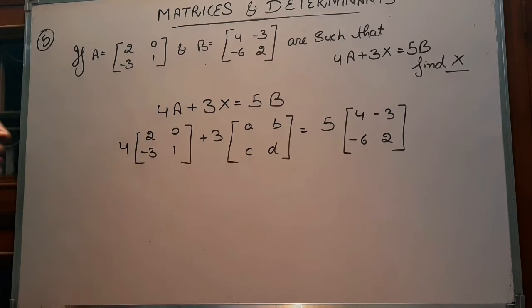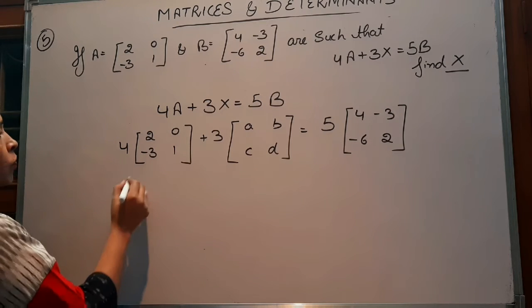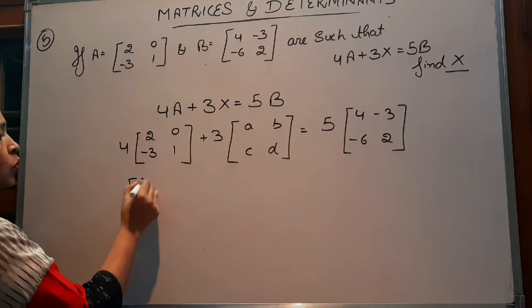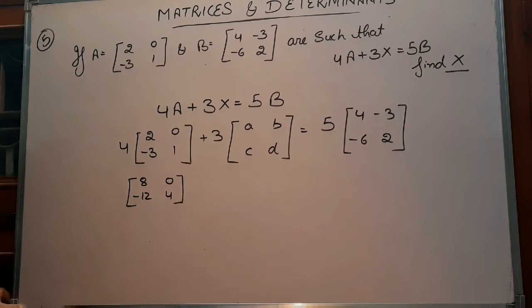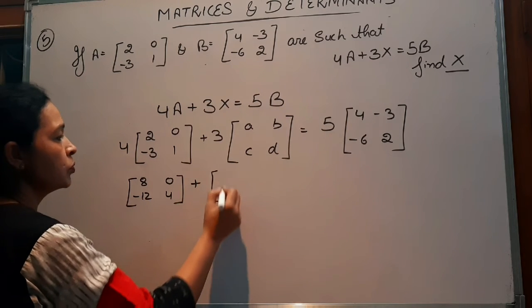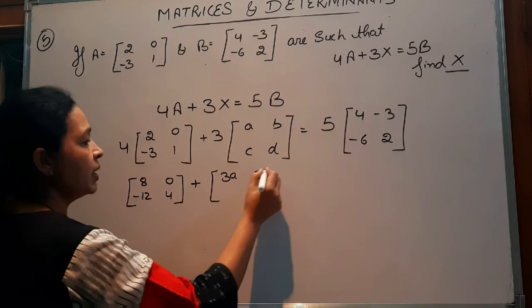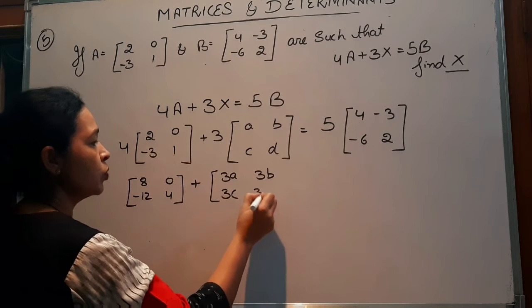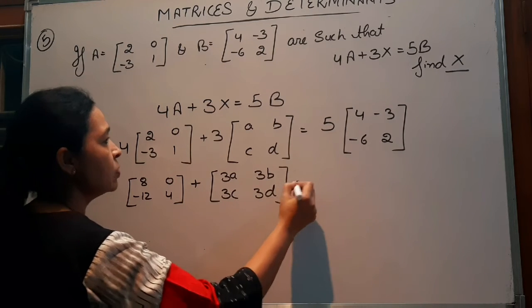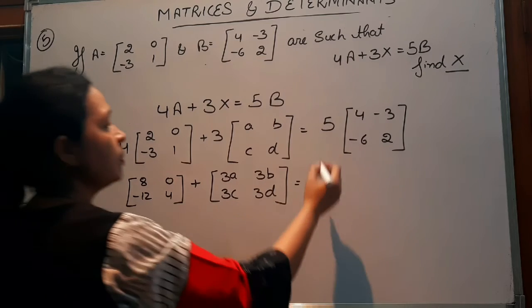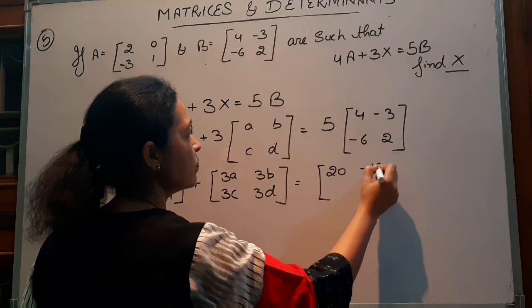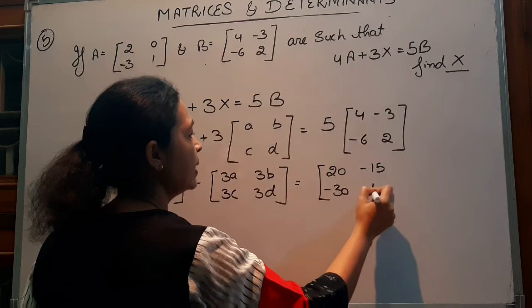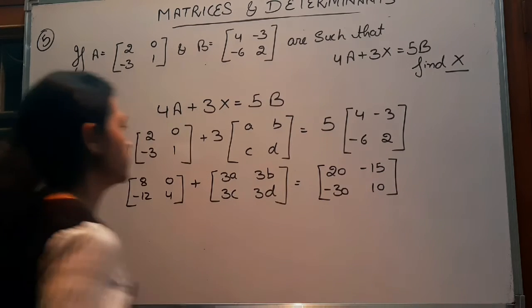We have to find the matrix X. Now, 4 into A: 4 2s are 8, 0, minus 12, 4, plus 3A, 3B, 3C, 3D equals 5 will be multiplied with each element. 5 4s are 20, minus 15, minus 30 and 10.